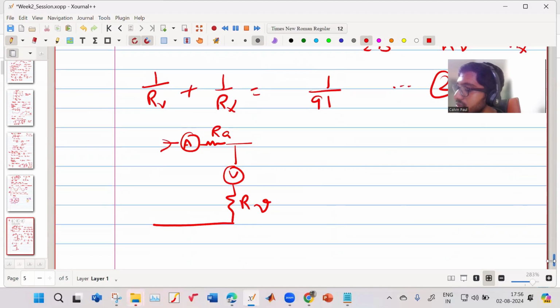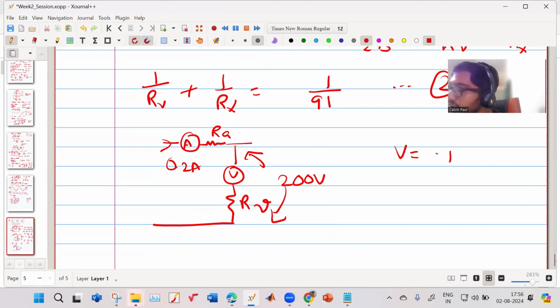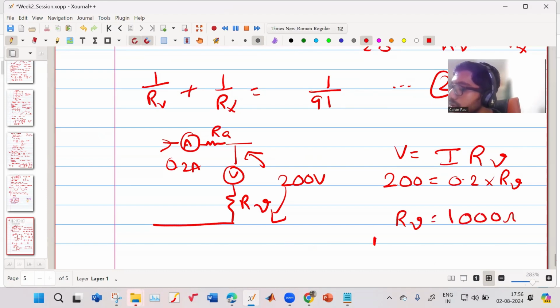So V is equal to I into Rv, that is 200 is equal to 0.2 into Rv. So your Rv becomes equal to 1000 ohm, or 1 kilo ohm.